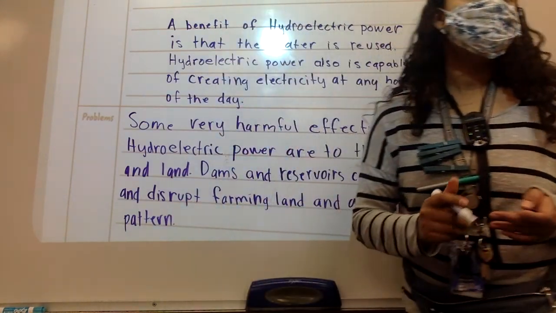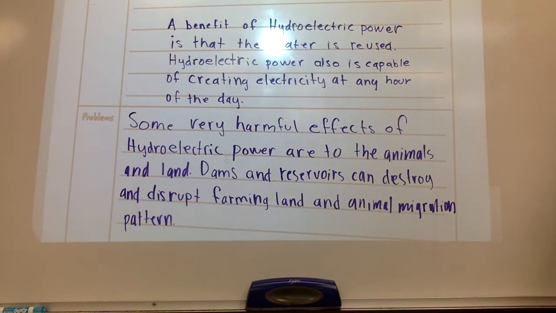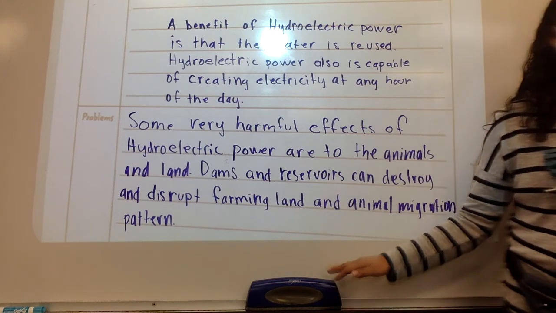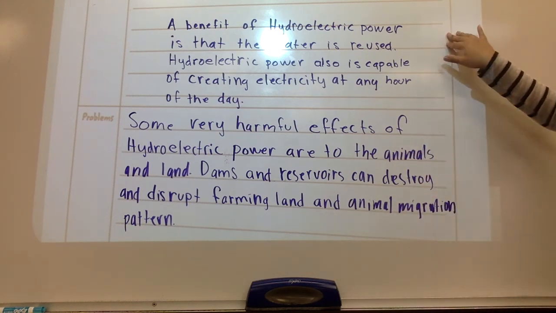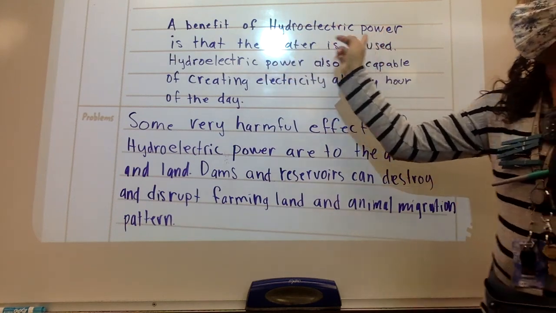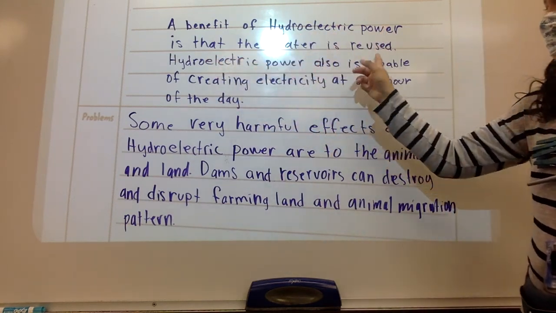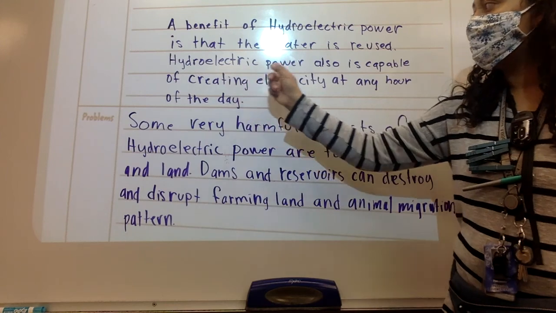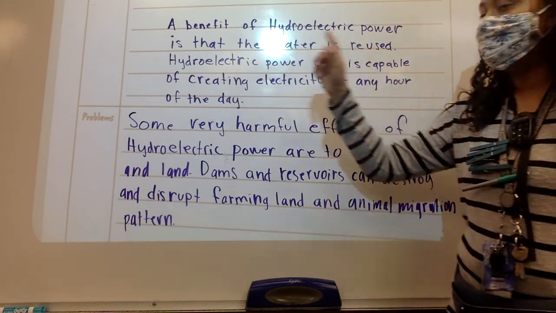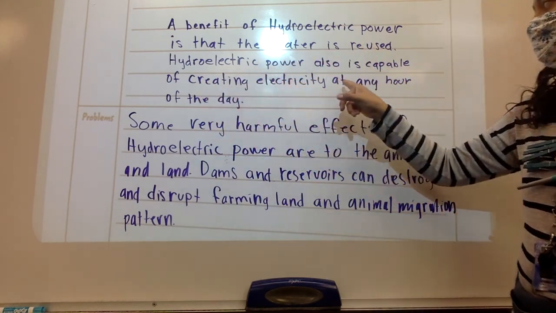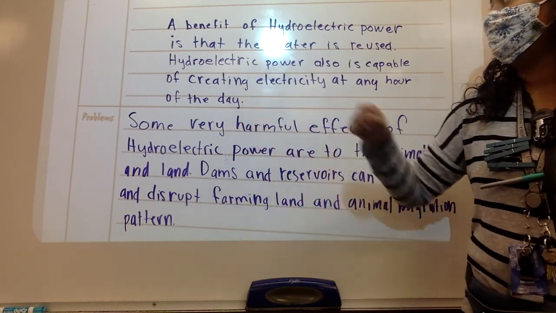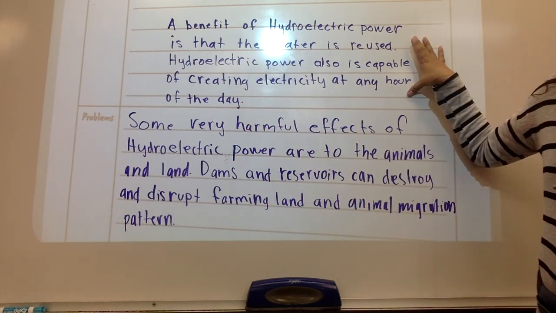Okay, so you need to have both of these in. For benefits, a benefit of hydroelectric power is that the water is reused. Hydroelectric power also is capable of creating electricity at any hour of the day, period. So you have two sentences for benefits.